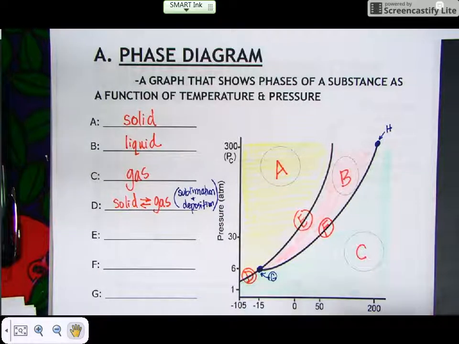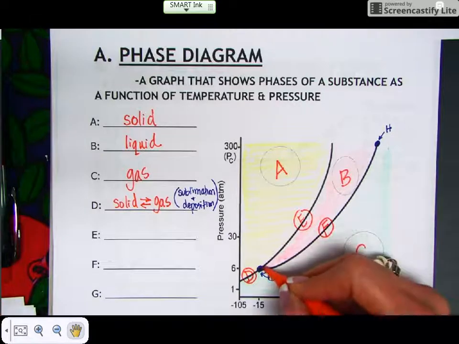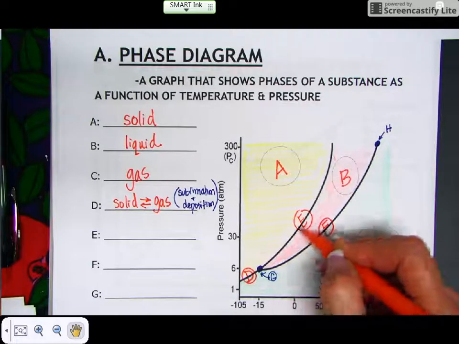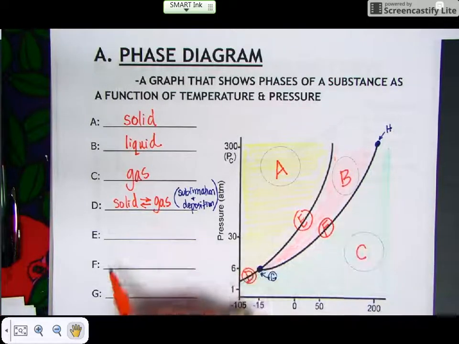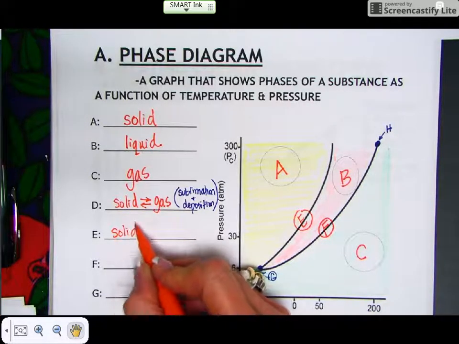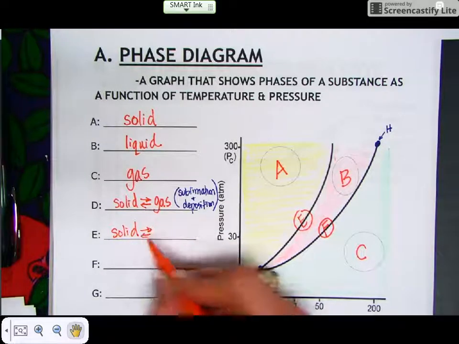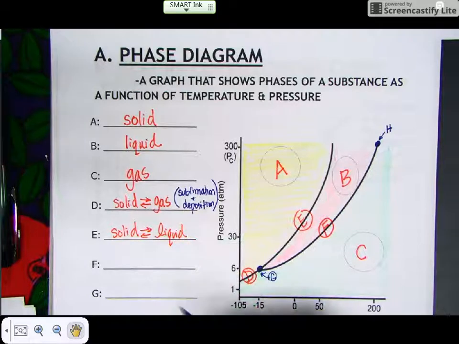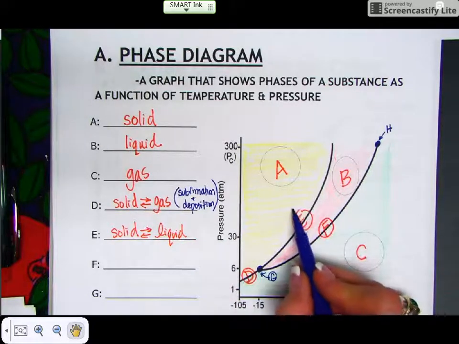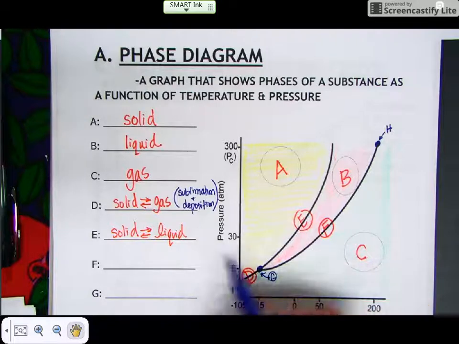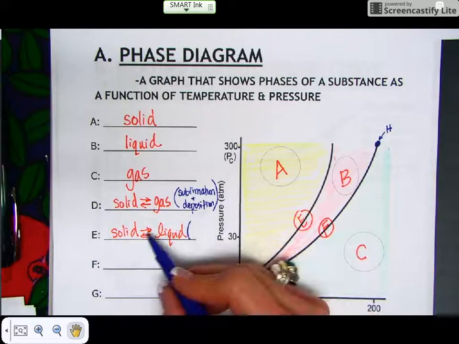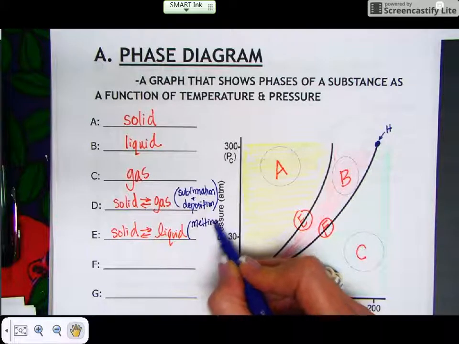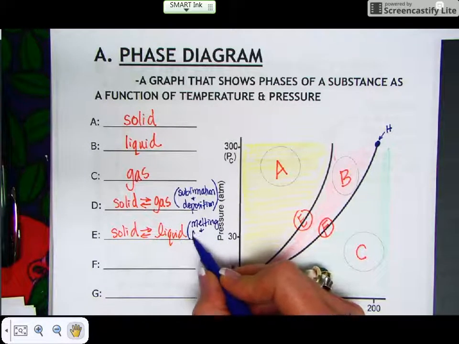Let's look at any point here along this line that I've labeled E. This would be between the regions A and B, which means you are between the solid and the liquid phases. So that's where your phase changes will be taking place depending on the direction that you're going in. Going from solid to liquid is called melting, and liquid to solid is freezing.